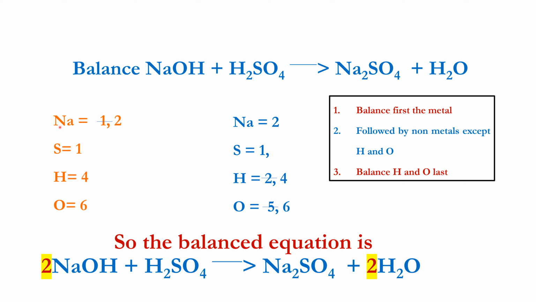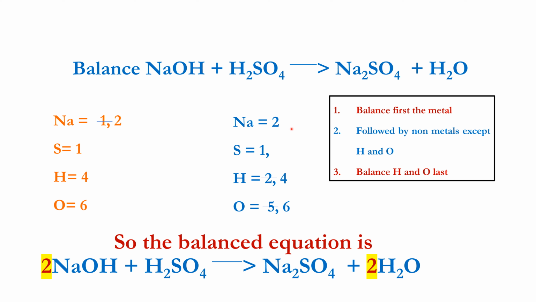So how do we balance sodium? Because it's 2 on the right hand side and 1 on the left hand side. So the only way to balance it is to add 2 in front of sodium. So if we add 2 here, we will have 2 sodium atoms on the left hand side, and we will also have 2 on the right hand side.